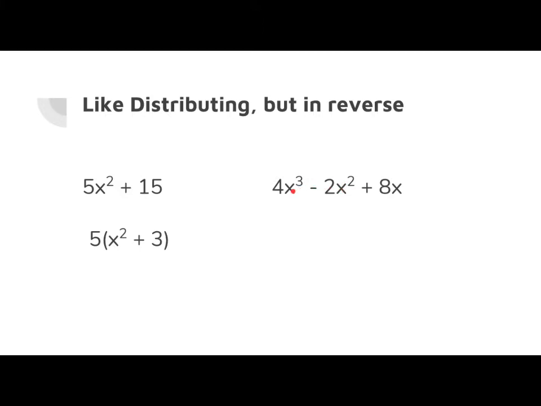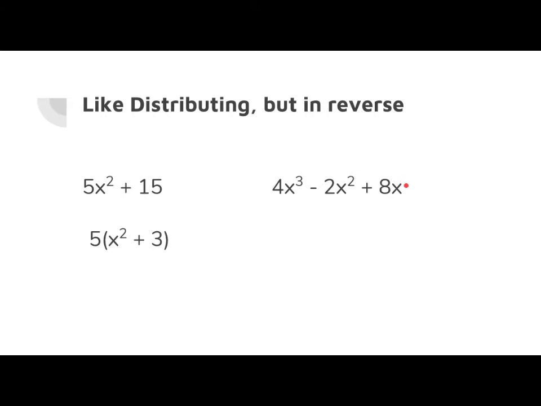So x to the third, x times x times x, 3 x's, is not a common factor between the 3 of them because they don't all have 3 x's. They all have at least 1 though. So in general, when we're looking at the variables, we're asking what's the lowest exponent that they all have. They all have an x. The lowest exponent is 1.